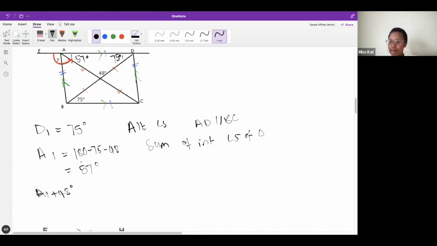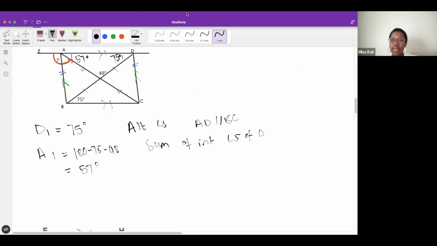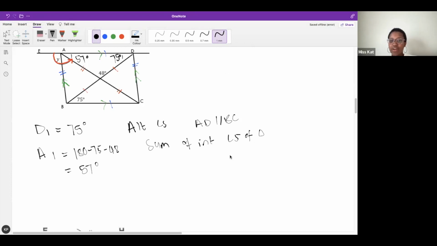Do you see that? Oh, I can see my mistake, ma'am. But Bokang, I know you know this, right? Look carefully. 57 and Y, they are angles.